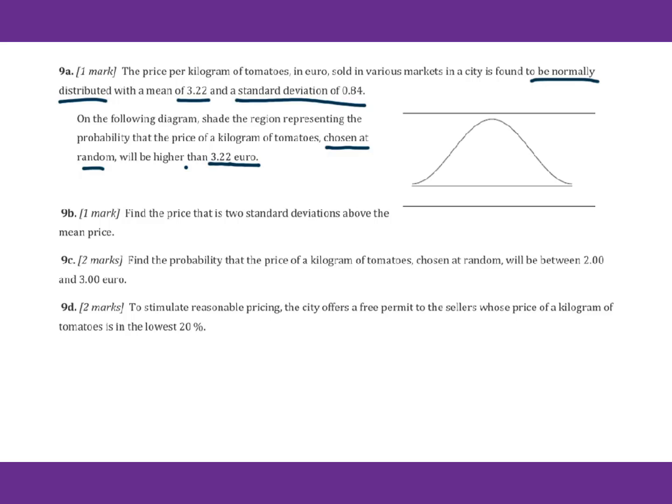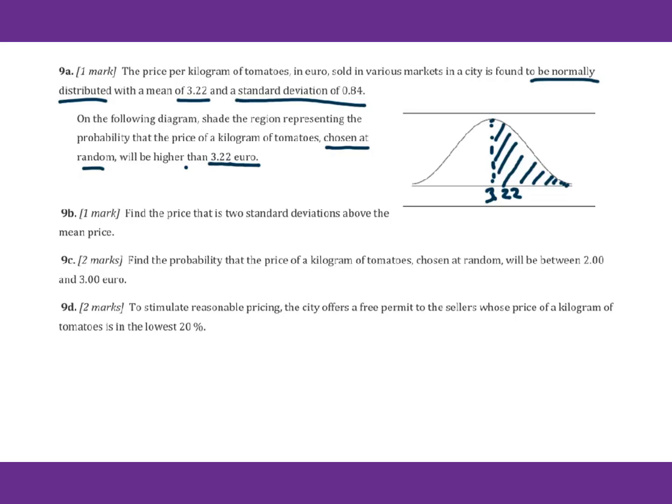We know in a normally distributed graph, this point is 3.22. That's the mean. And for higher than 3.22 probability, you shade this area.